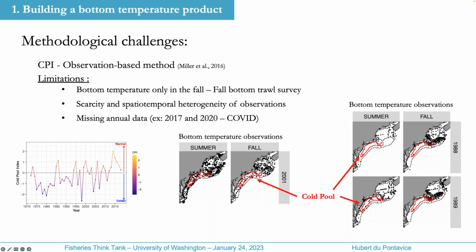And moreover, for different reasons, observations are missing for certain years. Recently, for example, the cold pool could not be calculated in 2017 because the fall survey was severely restricted, and it was the same in 2020 because the survey did not take place due to the COVID-19 pandemic.